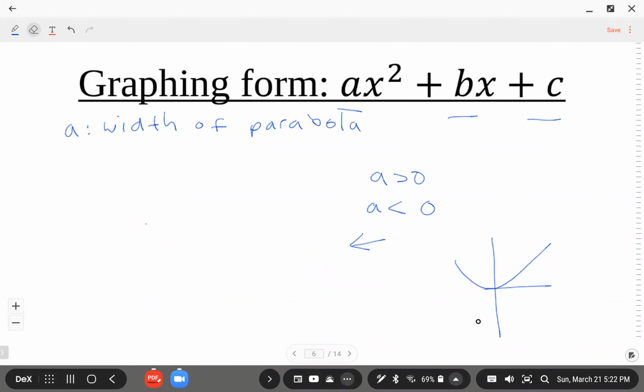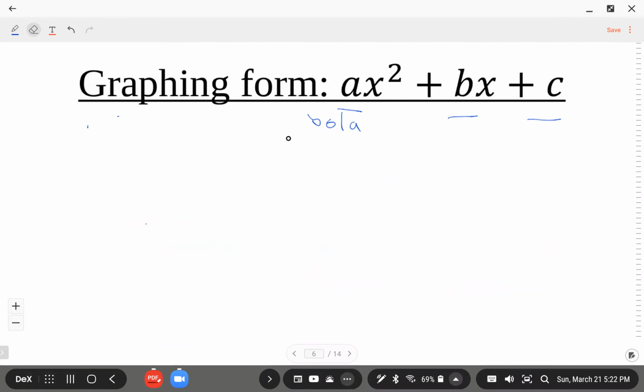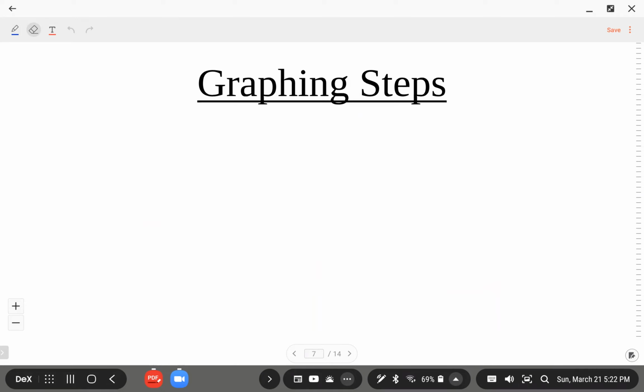But we really don't have to worry about the A when we're graphing, because when we're graphing, we have some steps. So let me talk about the graphing steps.